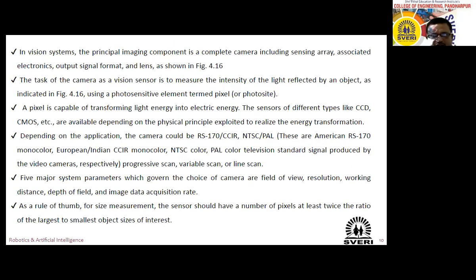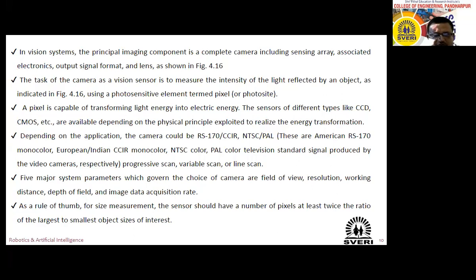Therefore, in vision systems, the principal imaging component is a complete camera, including sensing array, associated electronics, output signal format, and lens as shown in figure.